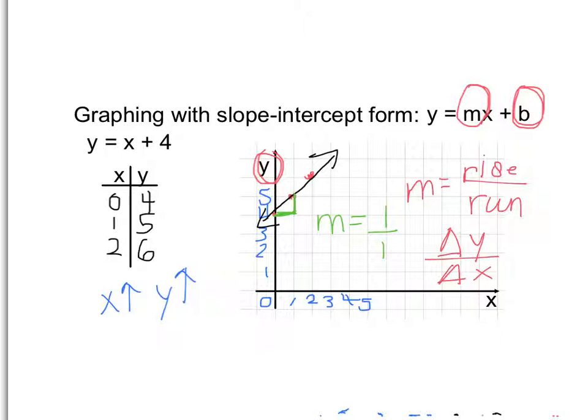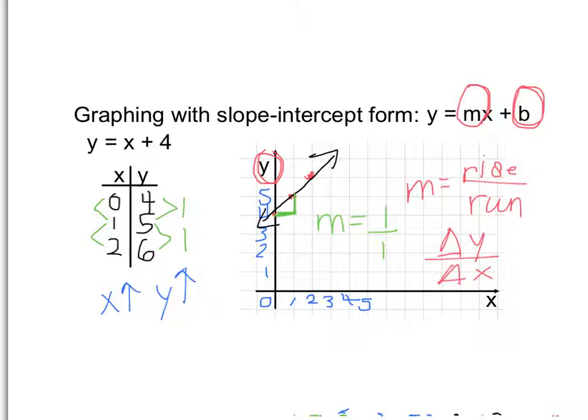So if I'm looking at y here on my table, I notice that there's a difference between 4 and 5 of 1. There's a difference between 5 and 6 of 1. That's a way to check my answer. I look over here at x. Because I know my consecutive coordinates, I'm seeing between 0 and 1, there's a difference of 1. Between 1 and 2, there's a difference of 1.